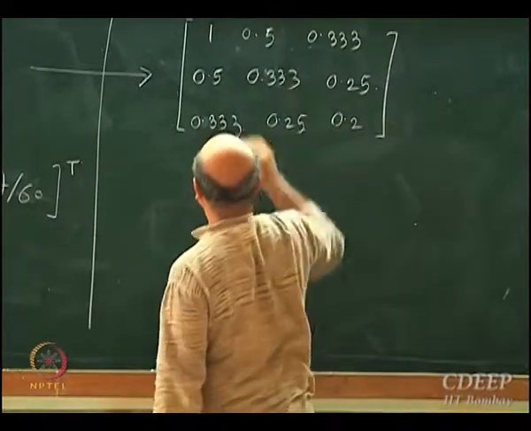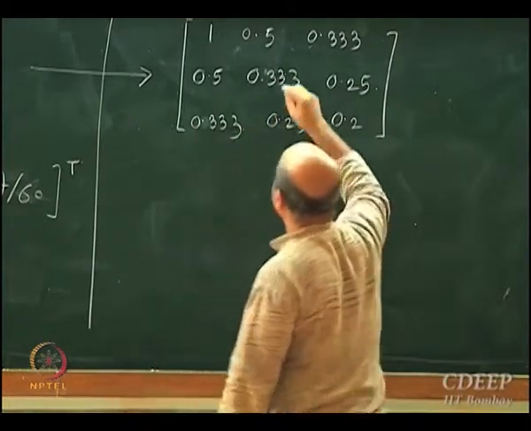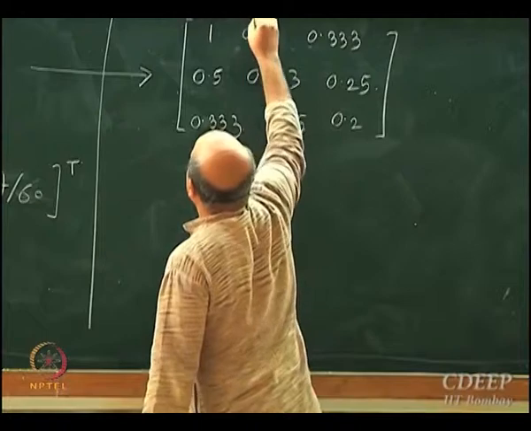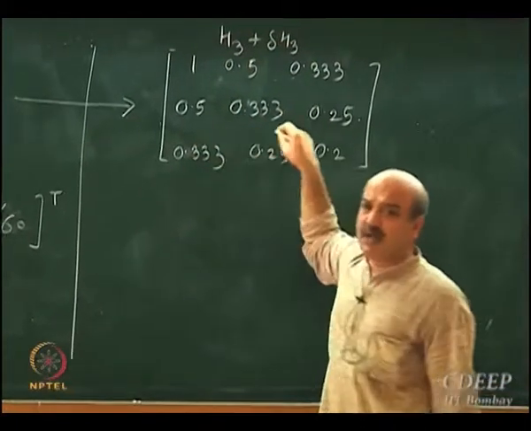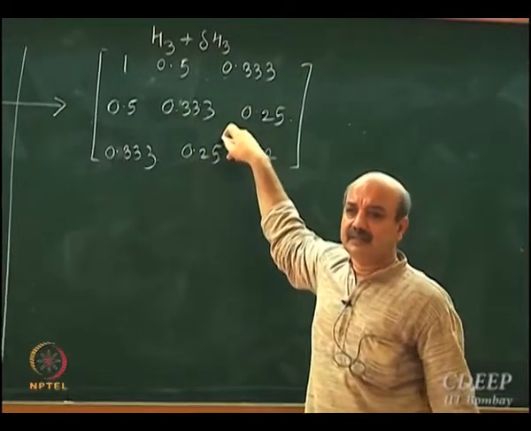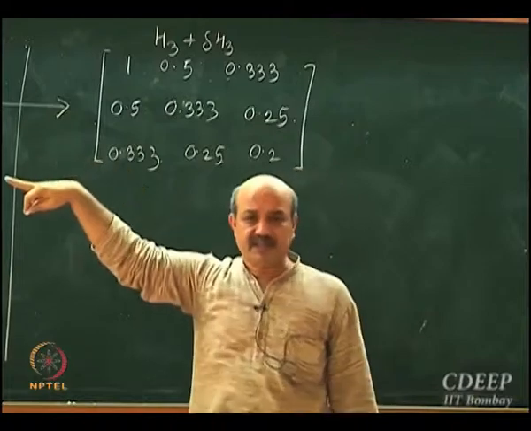This matrix is my H3 plus delta H3. This matrix has a slight error as compared to the original matrix H3.